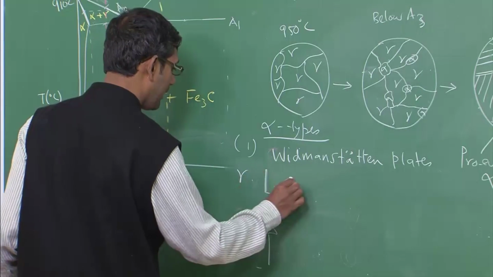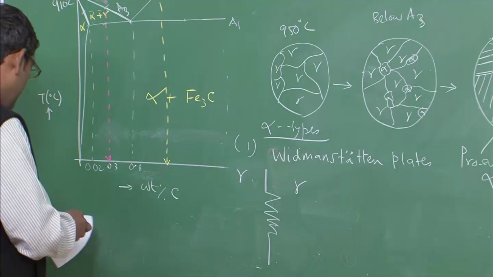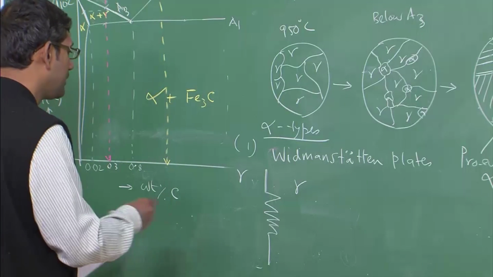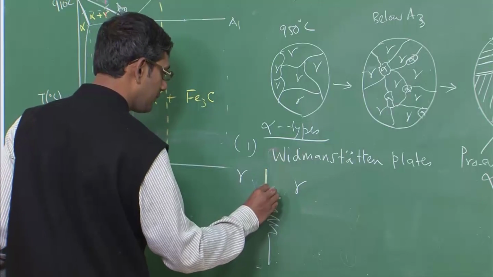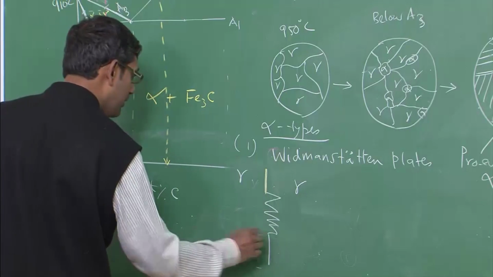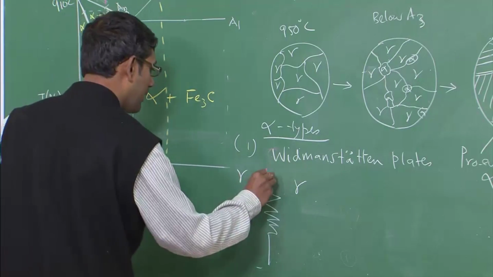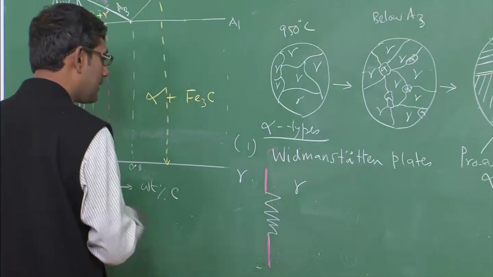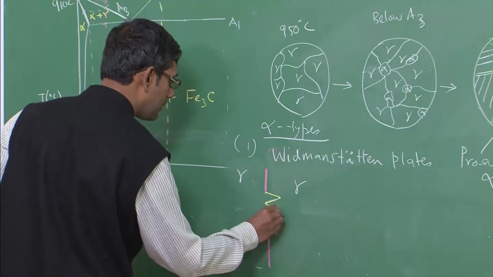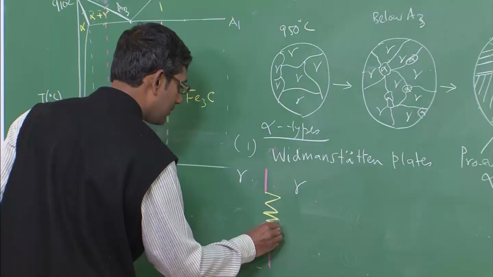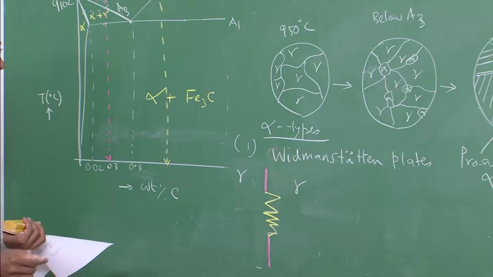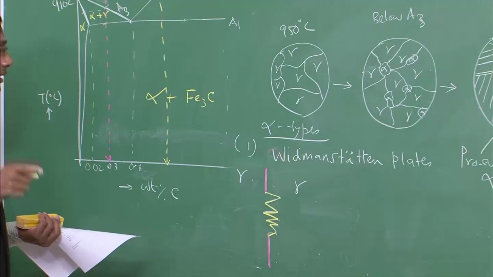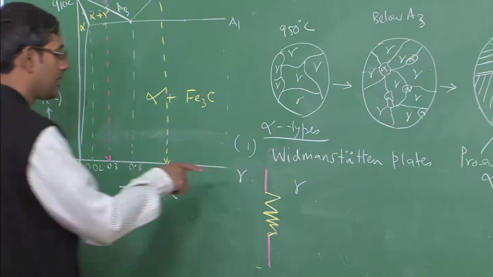So, this is a gamma grain, this is another gamma grain, and in between you have this alpha, this is a boundary. Let me draw the boundary in red color, and these are the alpha plates. They look like plates, or needles basically, needle is actually a better way to take it.